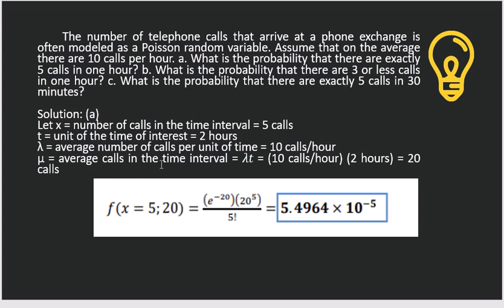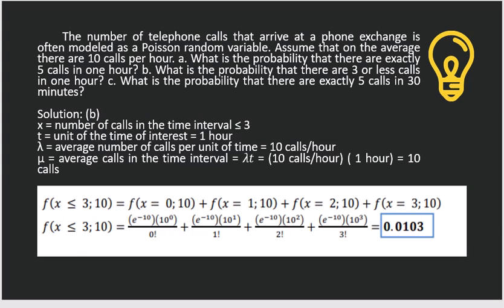The average call per unit is 10, for every condition. And the average call arrival will be 10 over 2, which is equals to 20 calls, which is what it must reach. For the given A, just follow the scientific notation, and you're going to have the result of 5.4964 multiplied by 10 raised to negative 5.